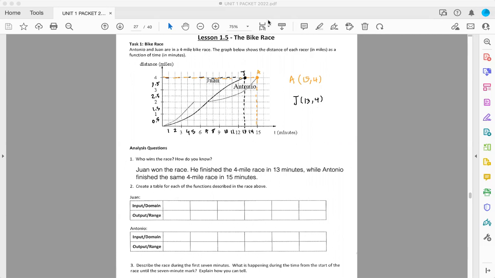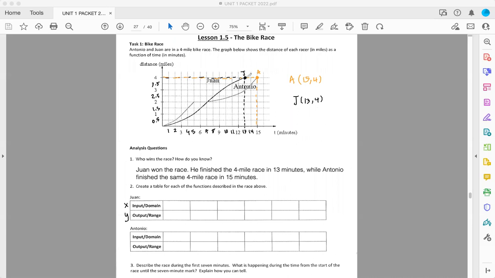So in my mind, remember, these are input output. So this is an X value and this is a Y value. Or in this case, it's a time and distance. So in my mind, I'm thinking of 6 ordered pairs for Juan and then 6 ordered pairs for Antonio. So where do these ordered pairs come from? They will come from the graph. I will have to find them in the graph.